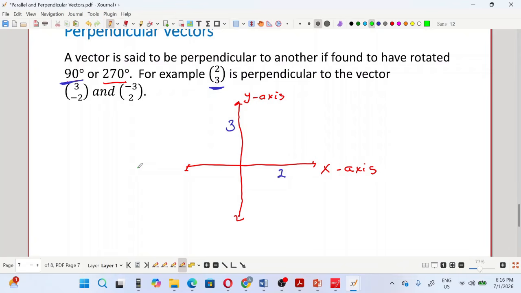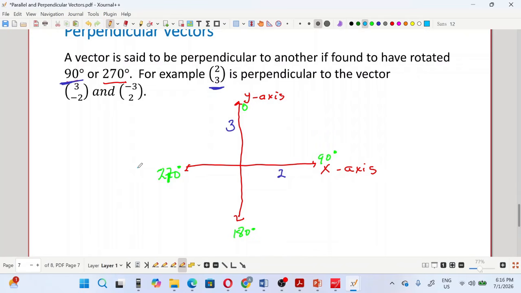If I move another one, it will be 180, because that will be 90 plus 90. When I move another, I'm going to have 90 plus 180, and that's going to give me 270 degrees.